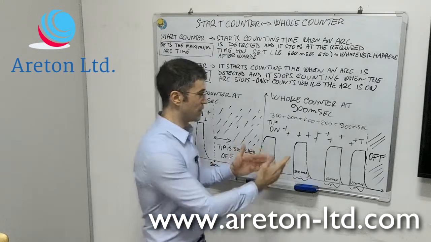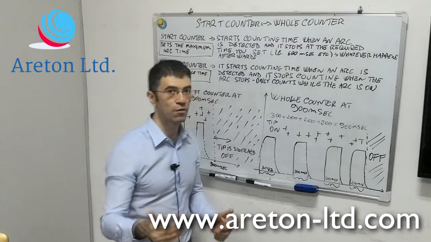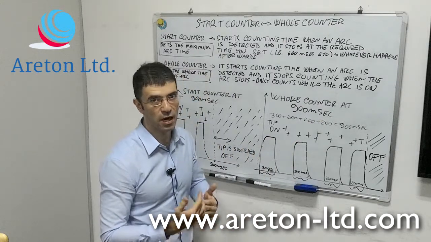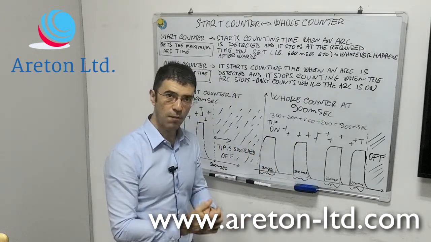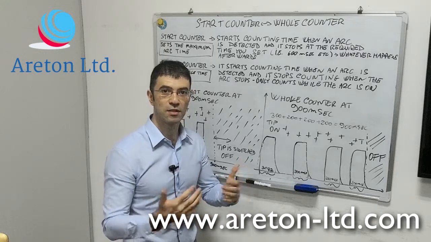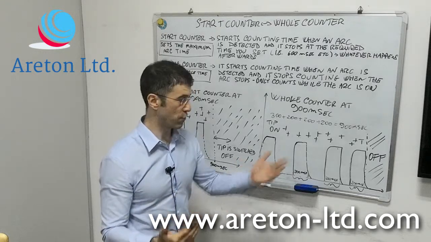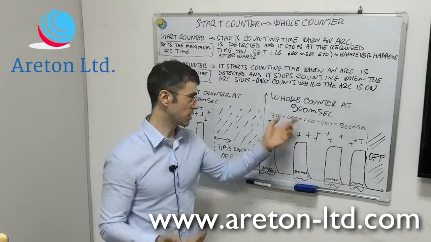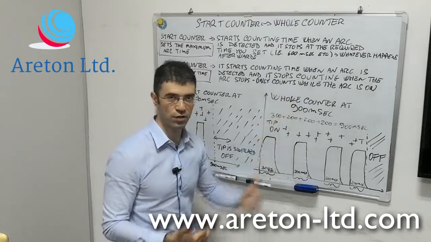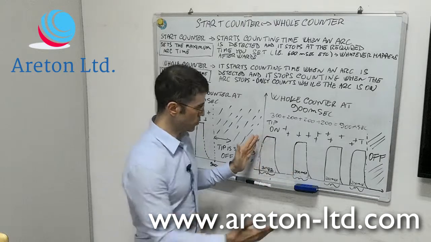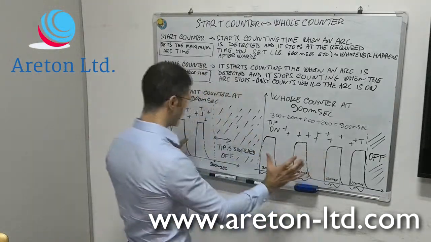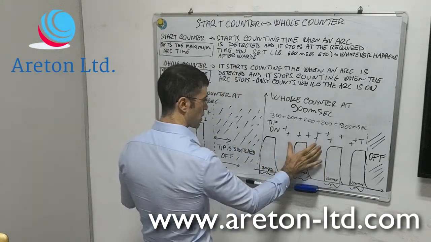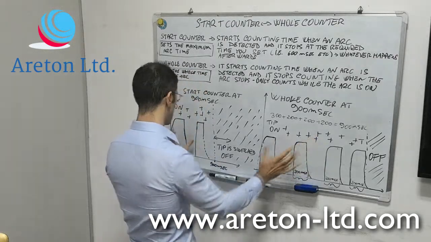So the tip of the device can be on for, in theory, an indefinite amount of time, up until the device detects an overall duration of 900 milliseconds, like in this example, but you can actually tell it whatever duration you want. So that's very important. In this example, just to make it clear, here the tip is on for a long time compared to this.